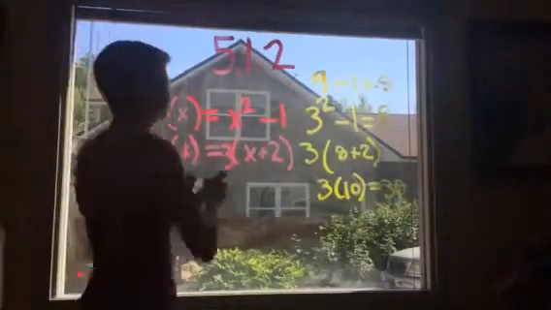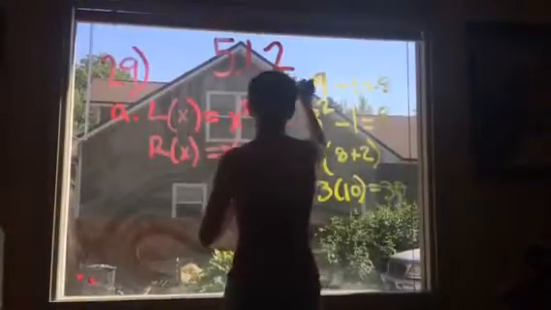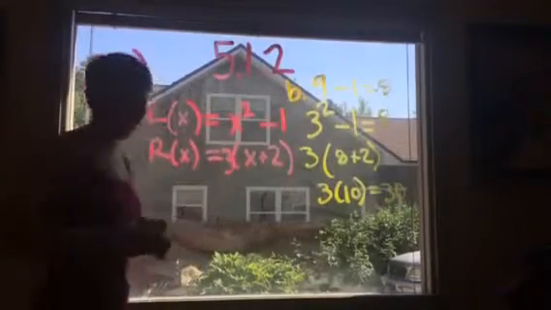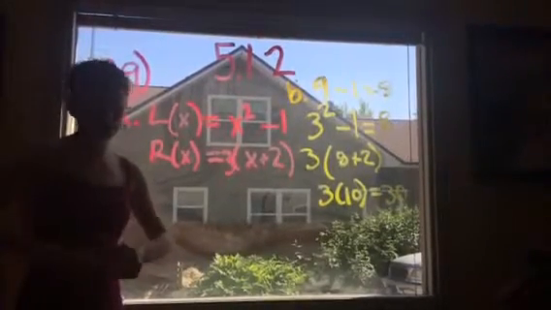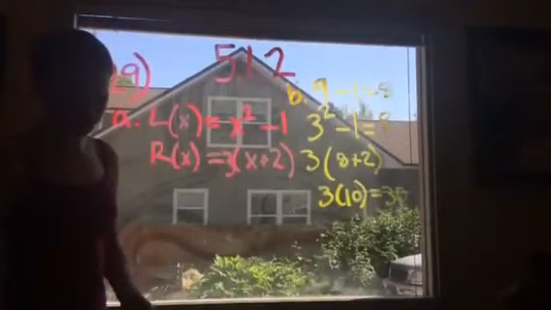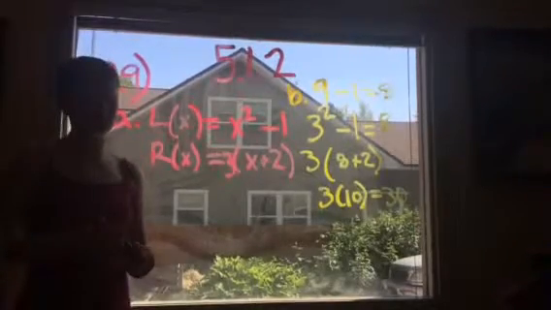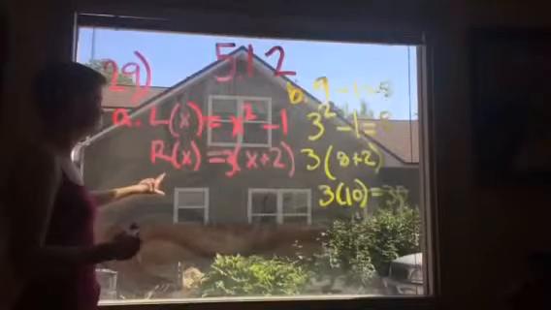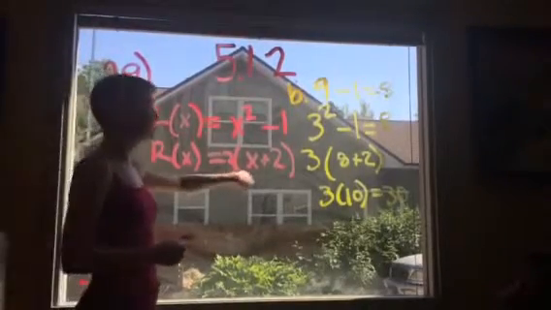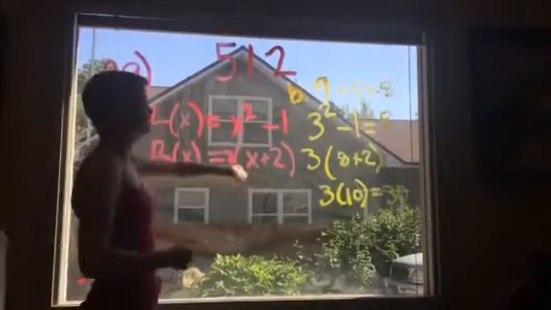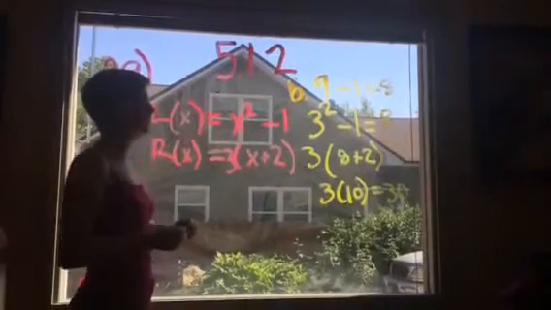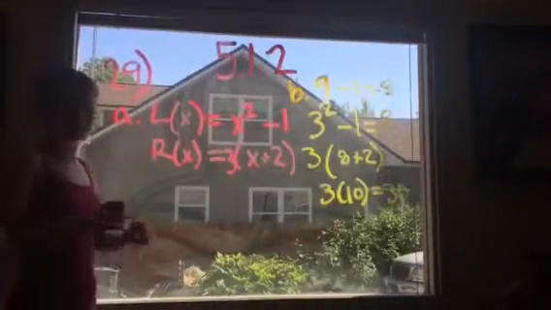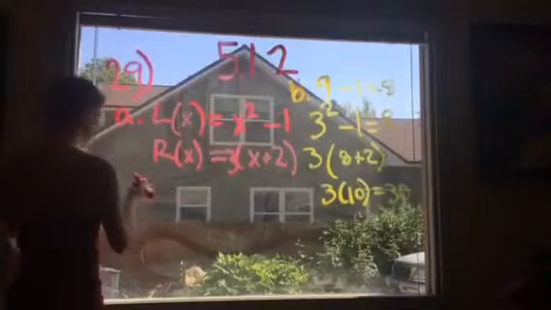So after part B, which would be this stuff in the yellow, the problem asks us, what if the order of the machines is changed? Would it change the output? Justify your answer. So it's asking us to switch which function we do first. So we do Richens' function with 3 as the input, and then use that output in Lacey's function. So I'm just going to do that to see if they are equal.